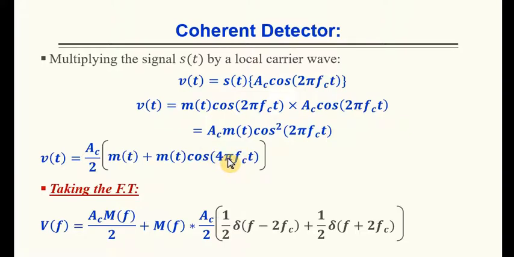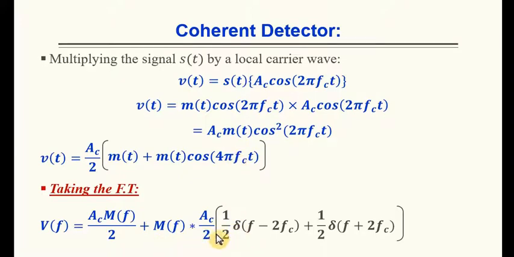Now we master what is the Fourier transform for the cosine. So it is deltas, and when we multiply by m of f, this is a convolution in the frequency domain, and we know that cosine 4 pi fct, now we have double 4 pi, so it will have 1/2 delta of f minus 2 fc plus 1/2 delta of f plus 2 fc, 2 because we have 4 pi.